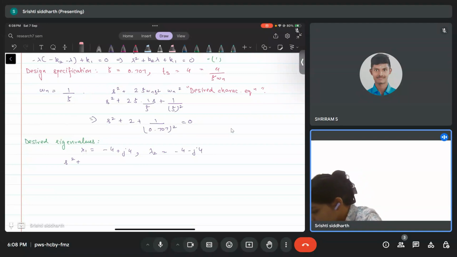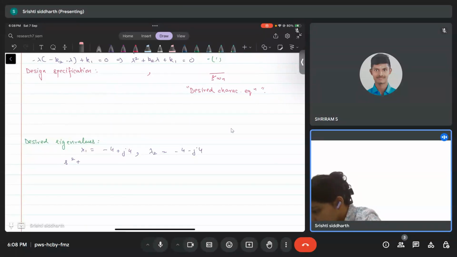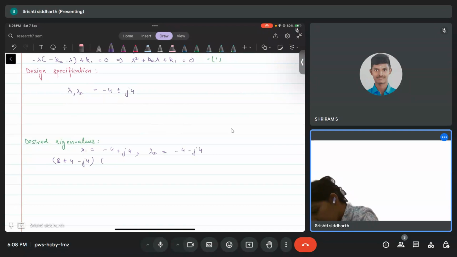Let's say that the desired specification is that we want the poles to lie on these locations: lambda 1 equals minus 4 plus j4 and lambda 2 equals minus 4 minus j4. Then the characteristic equation is simply (s plus 4 minus j4) times (s plus 4 plus j4) equals 0.